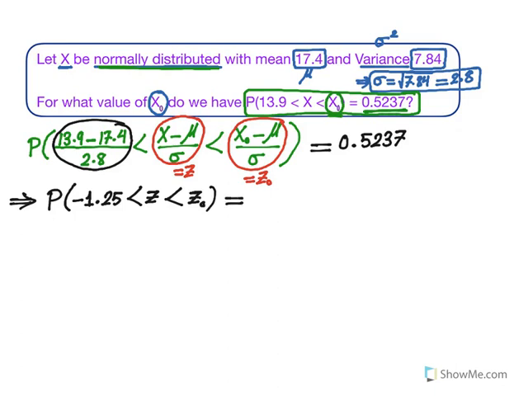Notice that we're trying to use the z table, so we change to z first, and once we find this z0, we can use it to find x0. So this will be our strategy.